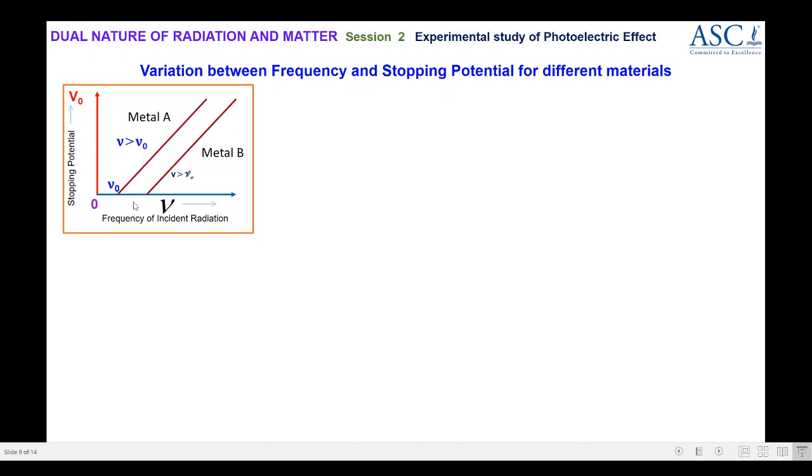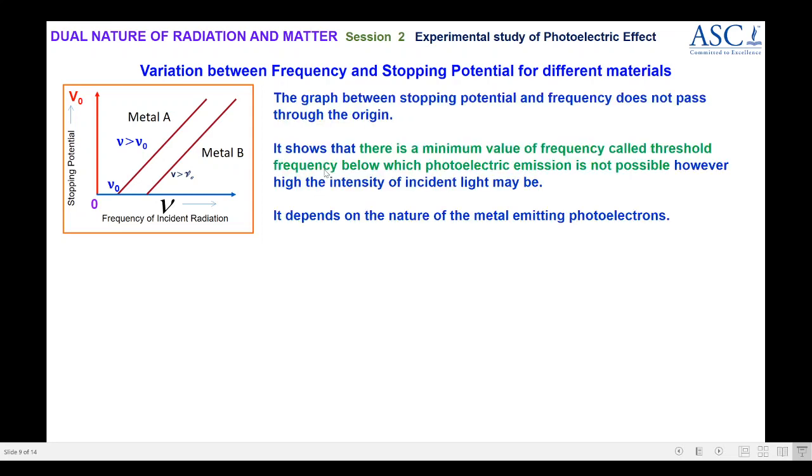But you can observe in the graph that the graph does not begin at the origin. So this represents that each metal has some minimum frequency called the threshold frequency, above which photoelectric emission takes place.